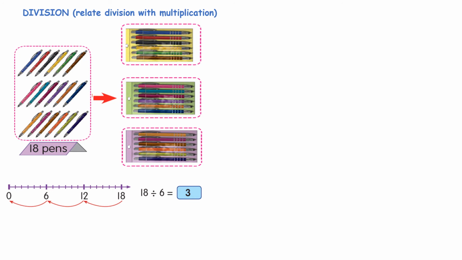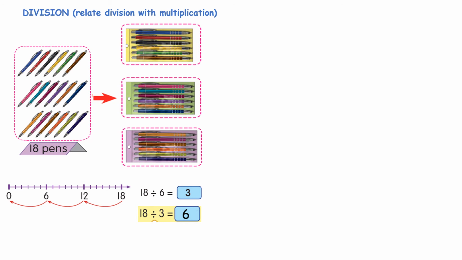There is another way to write the number sentence of division for these 18 pens. We can write 18 divided by 3 equals 6. 3 represents the number of groups, and the answer 6 represents the number of pens in each group.